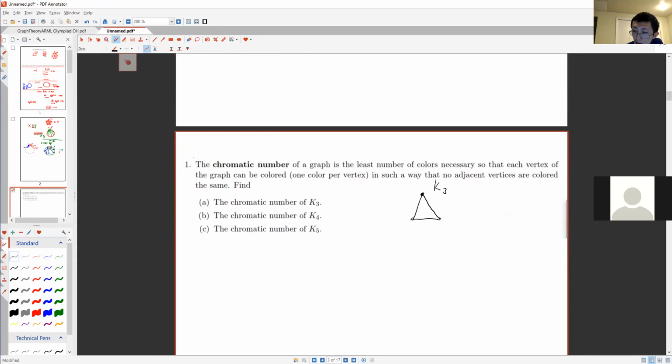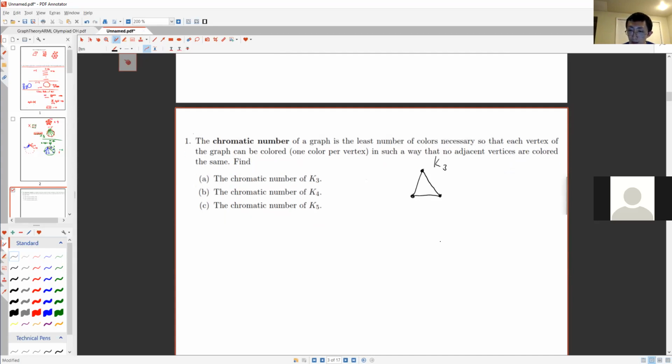So any 2 adjacent vertices cannot be the same color. And you want the minimum number of colors you need to color it so that adjacent vertices are not the same color. Yeah, so Cayenne said 3.